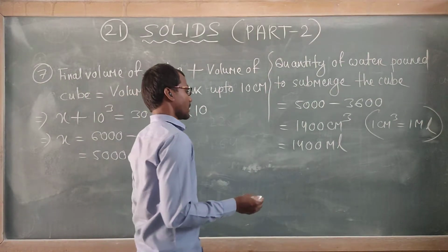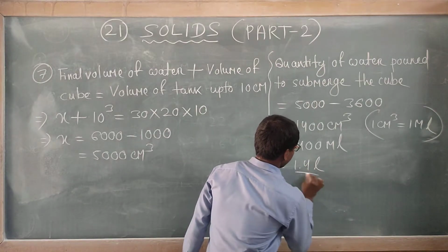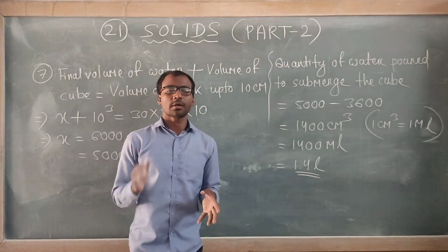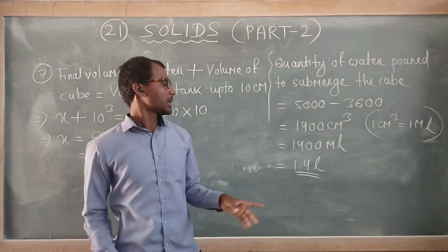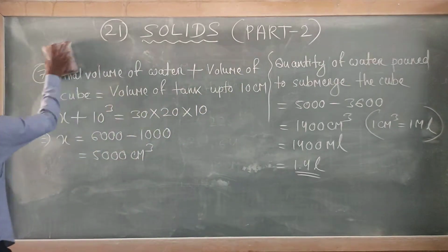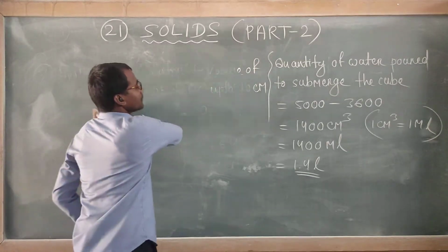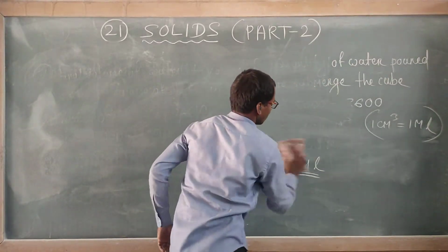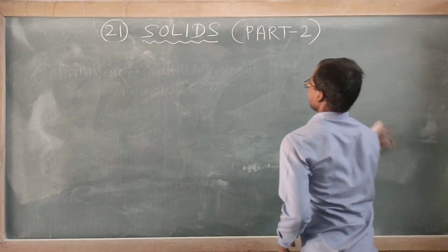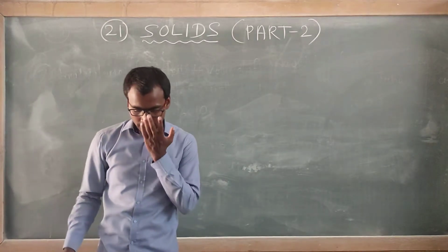It is very easy. You know this. By 1000 means 1.4 liters. So the extra quantity of water that has been poured into the container in order to submerge the cube is 1.4 liters.